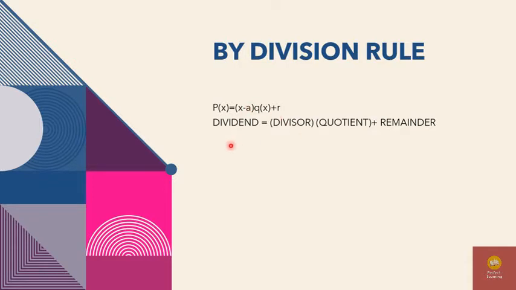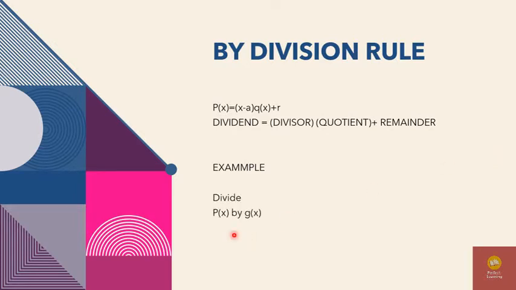To find the dividend, we have to multiply the divisor and the quotient, and add the remainder to that product. Keep it in your mind. Next, we will discuss an example.